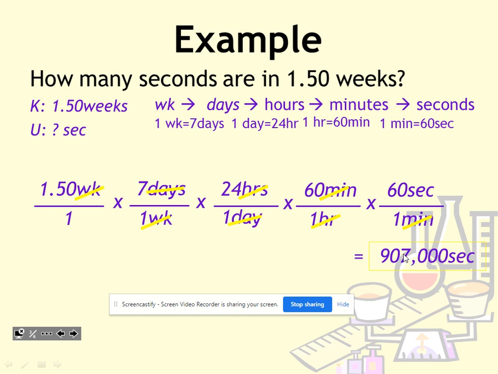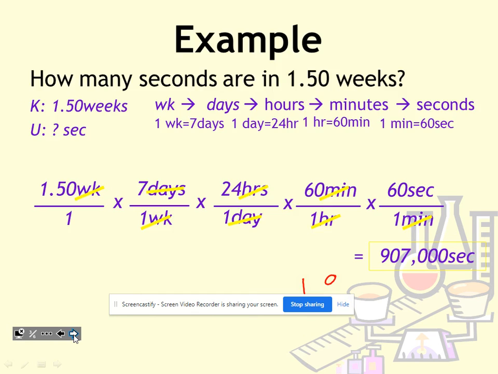So this one would be right. I can also write it in scientific notation. My decimal technically is right here, and I would go 1, 2, 3, 4, 5. So that would be 9.05 times 10 to the positive 5.